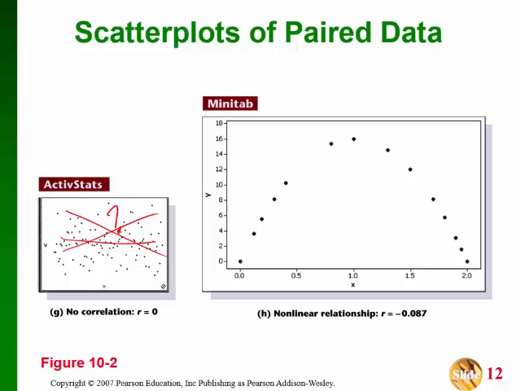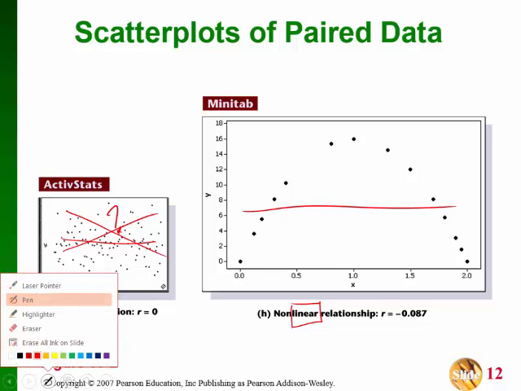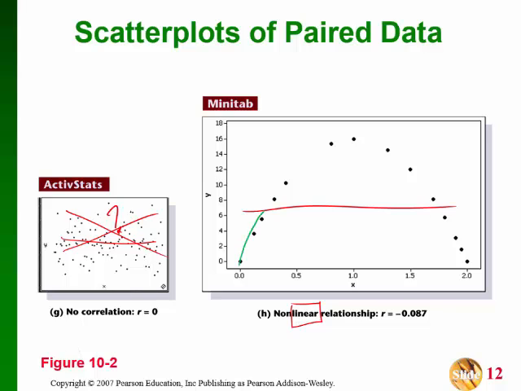This one clearly looks like a shape we might be familiar with, but if we're talking about a linear correlation, that's not a very good linear correlation. This is 0.087, which is really close to 0, so we can say that's a really bad linear correlation. But if you step back and look at it again, without restricting yourself to being linear, this looks like what we would call a parabola.